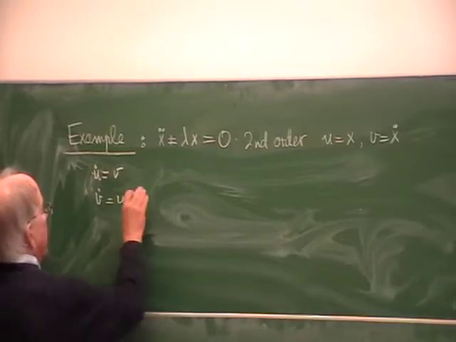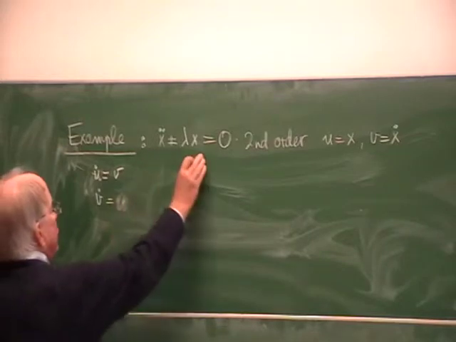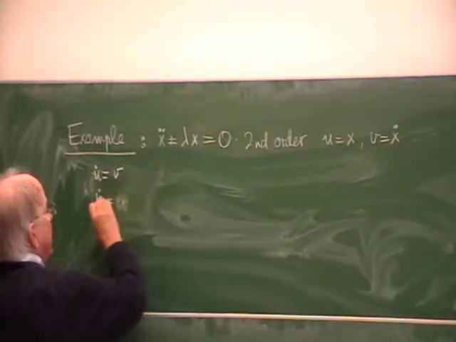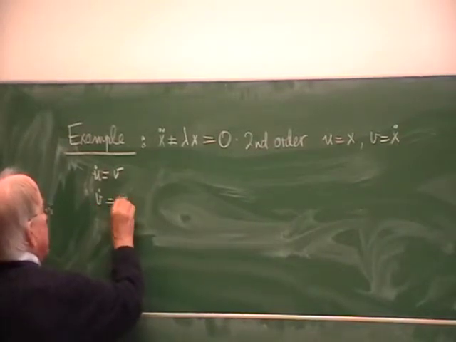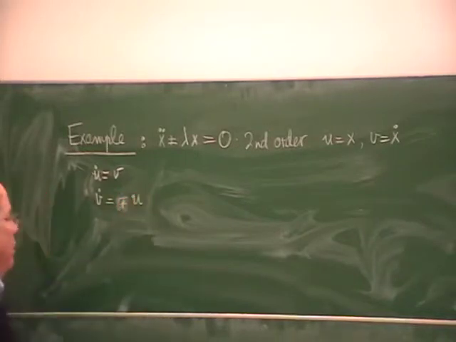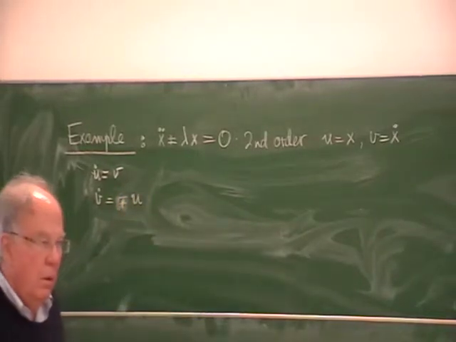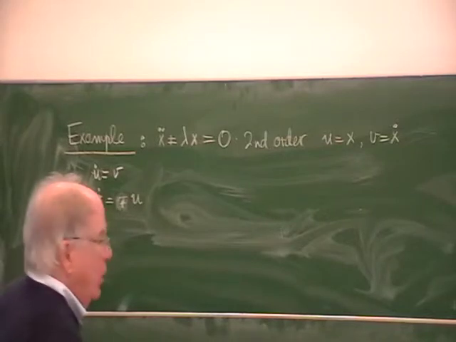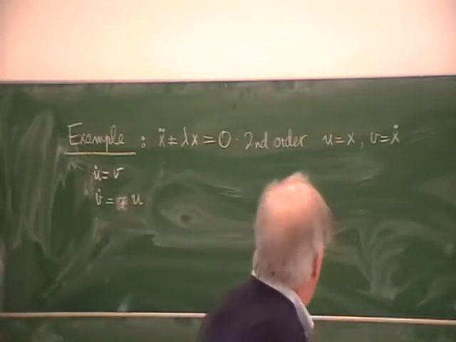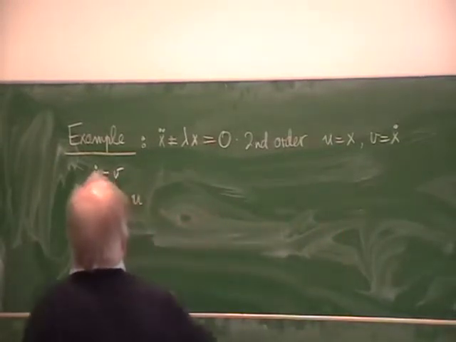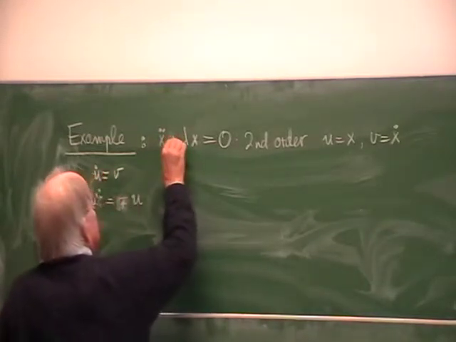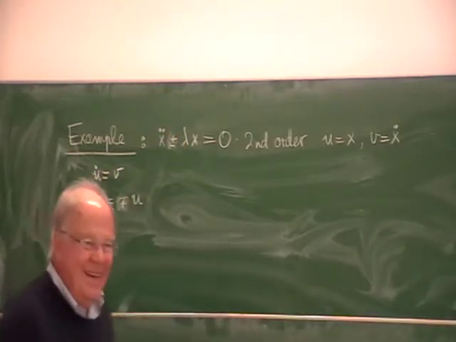Wait a minute, what does the sign mean? If I bring this over to the other side, v dot equals minus plus u. I wanted to emphasize that it really matters what the sign is.